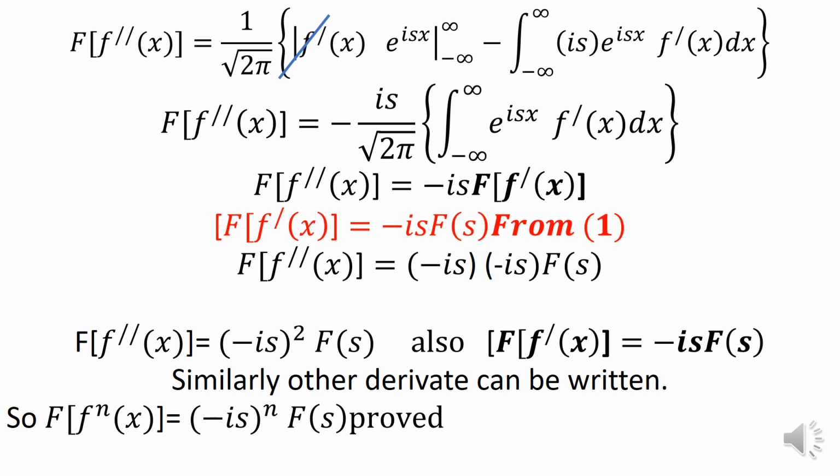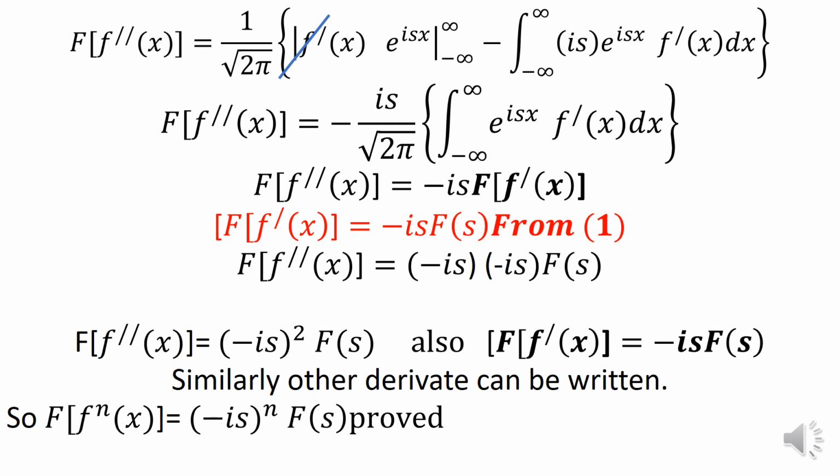Now the Fourier transform of f double dash x will be equal to minus iota s, which you can take out, times 1 by root 2 pi, which is already there. What is left is the integral of f dash x e to the power iota s x dx. And this is equal to what?